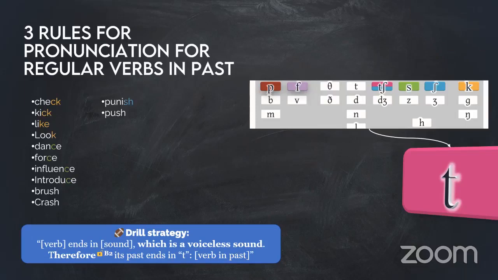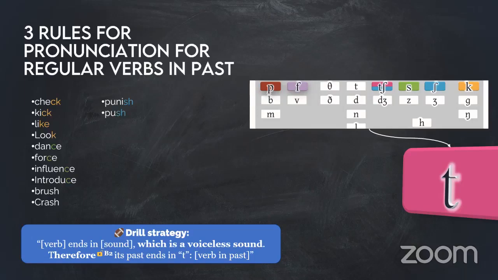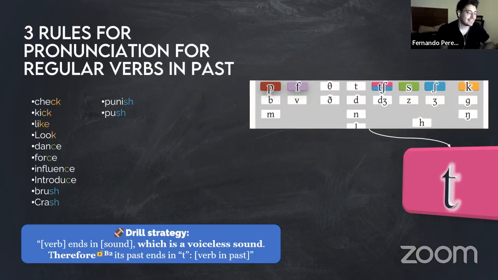And sh. Therefore, its past ends in T. Brushed. Excellent. You are totally correct. Listen. Brush. Brushed. Right?